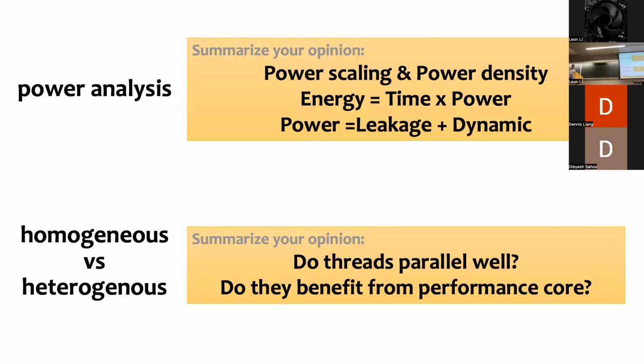And the question we eventually need to consider is, do threads parallelize well, right? Are there enough threads for us to run in parallel? And also, the benefit of the performance core depends on whether you have any demanding single-threaded application, right? They cannot be broken up into multiple threads.